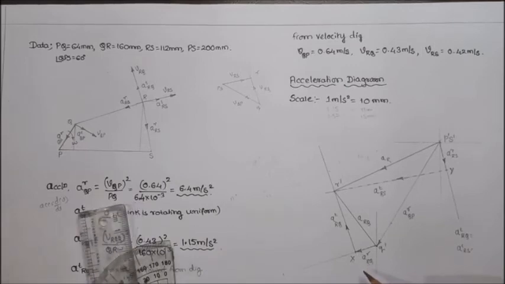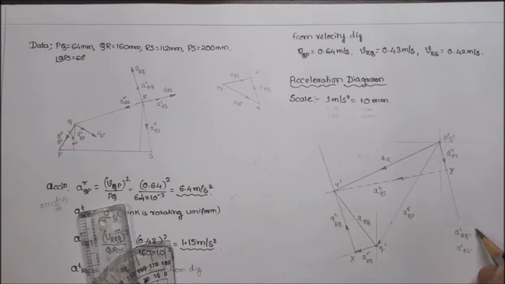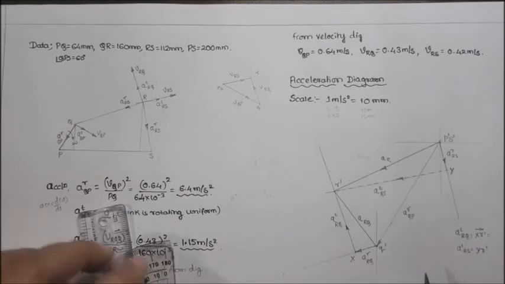The Rq vector we are going to get from x R dash. Then the Rs vector we are going to get from y R dash. So we need to measure.